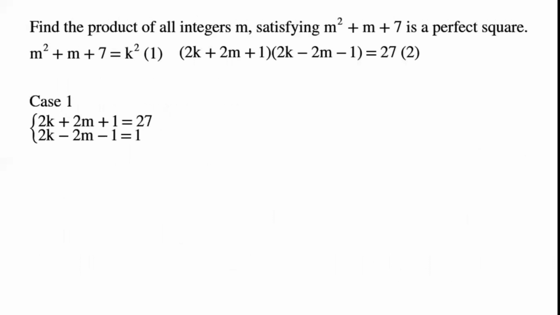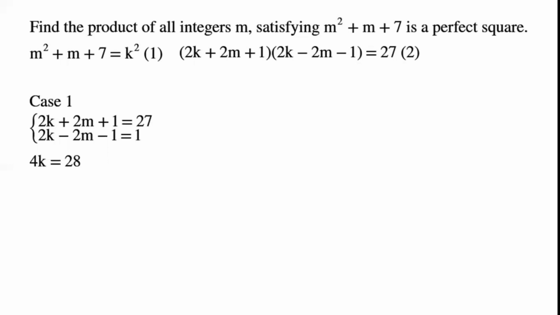Case 1: 2k plus 2m plus 1 equals 27, and 2k minus 2m minus 1 equals 1.